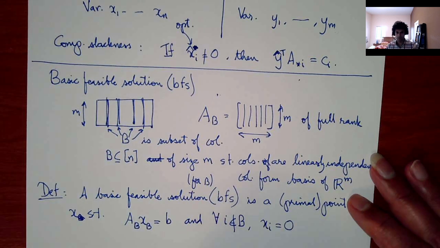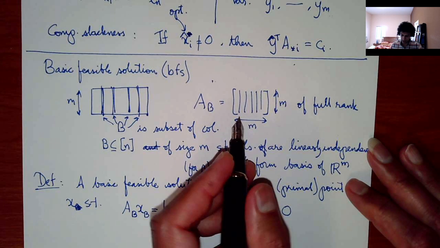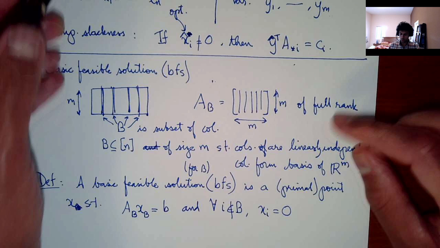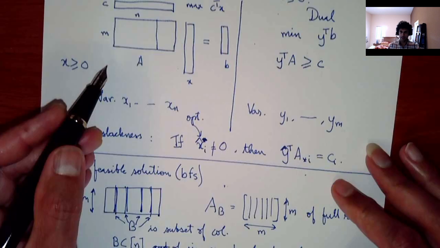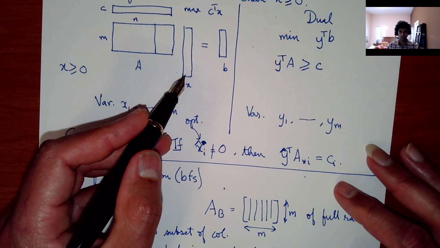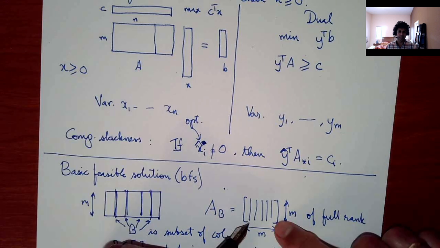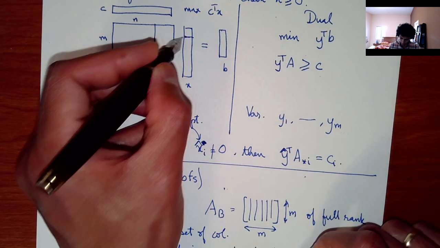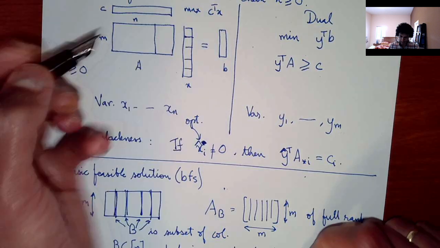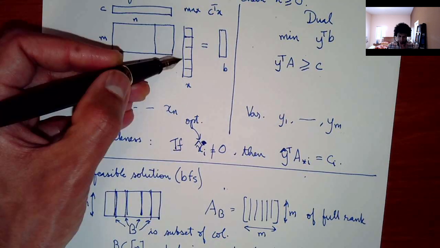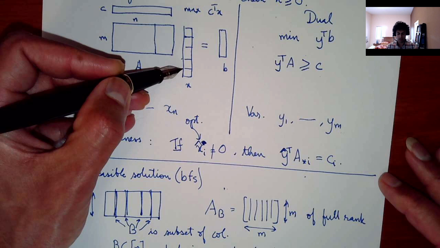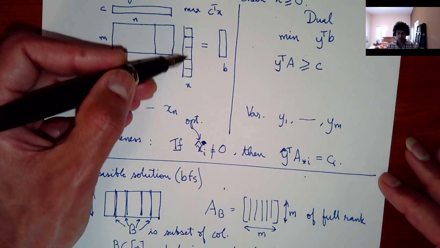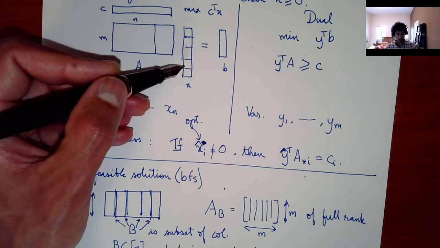So what is this saying? This is saying you want to solve Ax equals b. I'm just going to take a basis. So that basis will correspond to exactly m entries in x. I will set all the other entries to be 0 and simply solve for these entries.